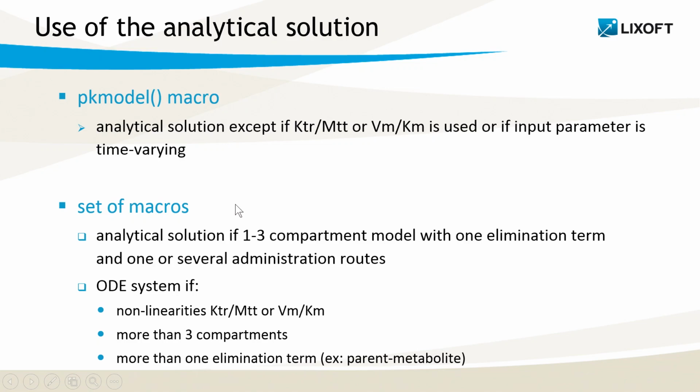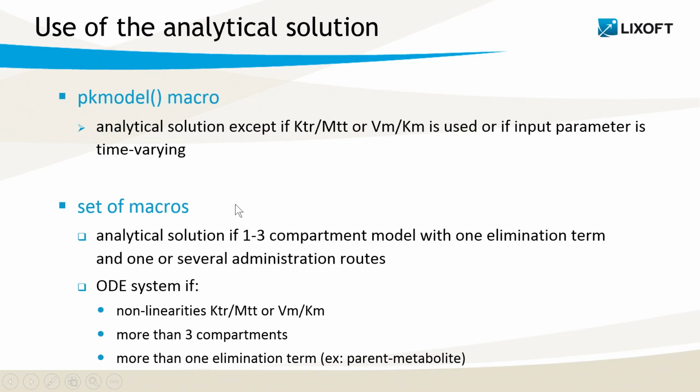If you use a set of macros, the analytical solution will be used if you have 1 to 3 compartments with only one elimination term. You can have several administrations via different routes, for instance.